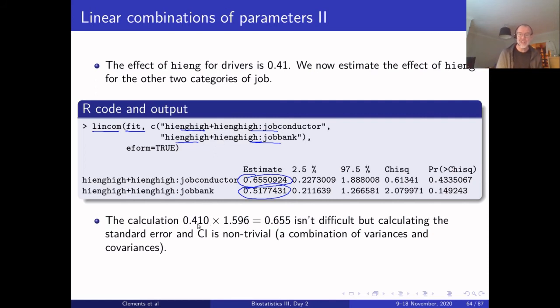Now the calculation for the point estimates would be straightforward. It'd just be the 0.41 times the 1.56, which gives us 0.6. That isn't difficult. What's more tricky is actually getting the confidence intervals and the test statistics right. And then the lincom command from the Biostat 3 package can be very, very useful.